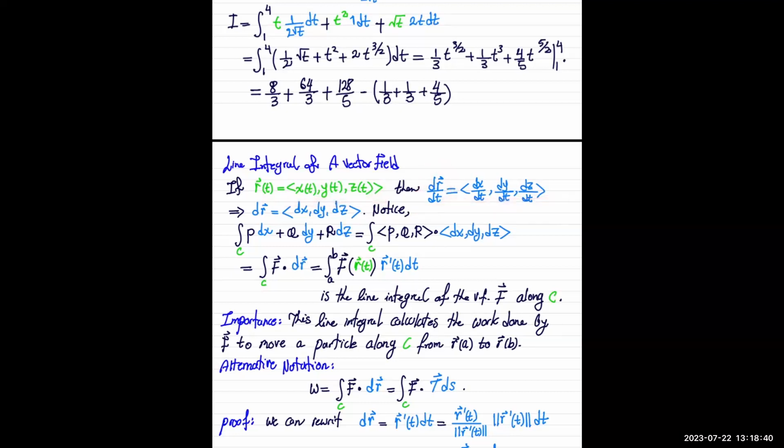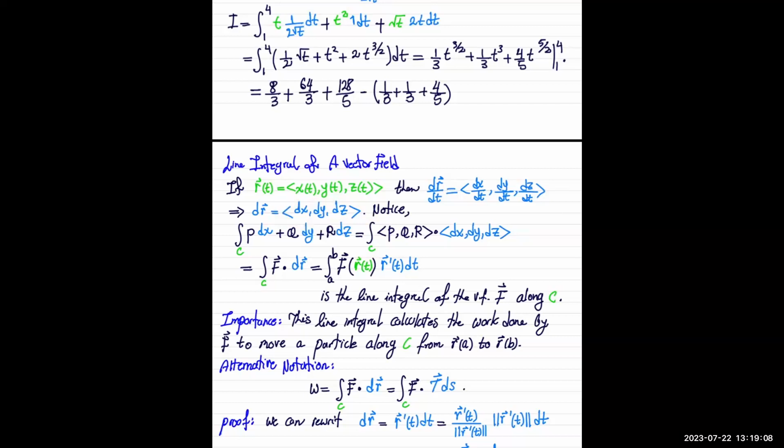That's also known as the velocity vector or the tangent vector. Then if you want to get dr, just multiply this by dt, and the dt's cancel out. dr is just the dx, dy, dz vector.